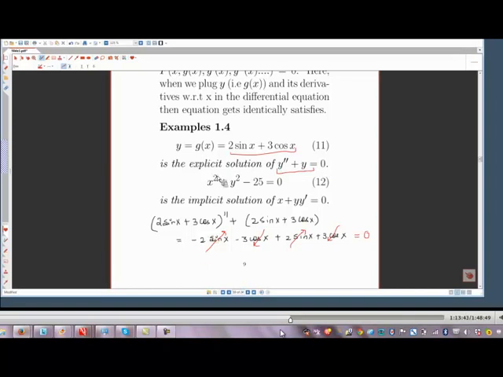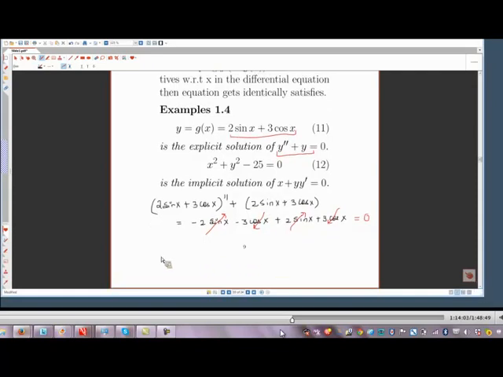Now, it is explicit because we can express y explicitly in terms of x. Here, we are given a solution of a differential equation; how will we figure out that this is a solution of this differential equation? We cannot solve. Can you solve for y in terms of x here?